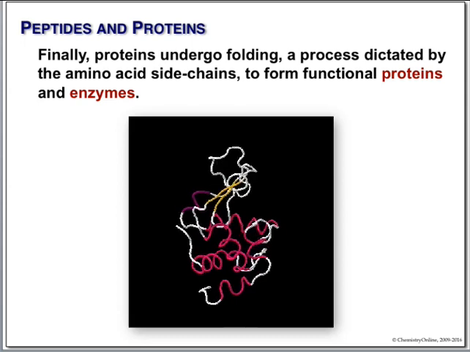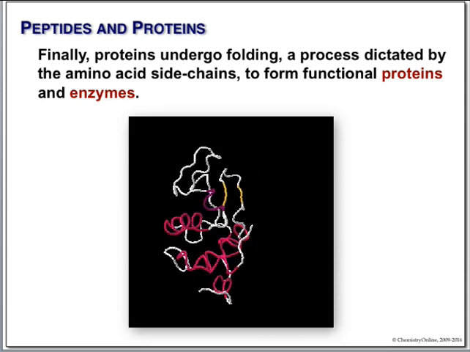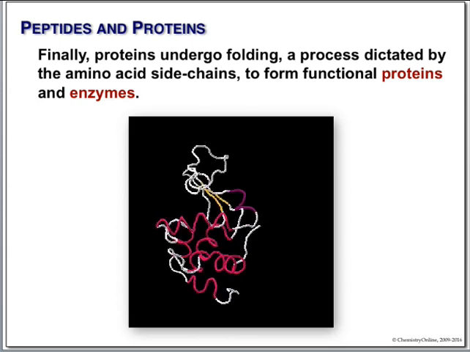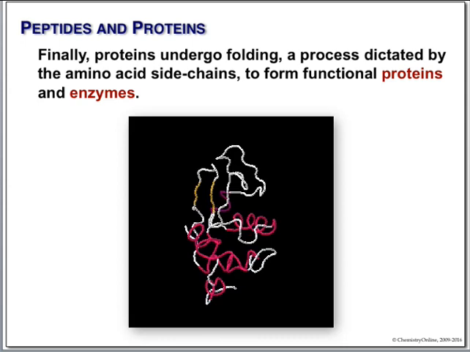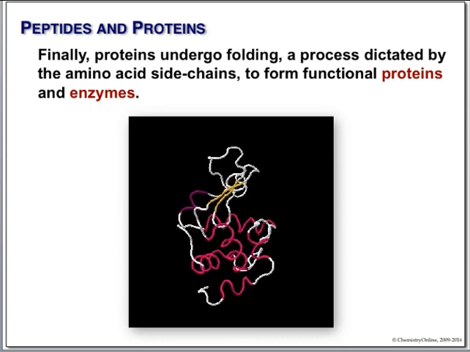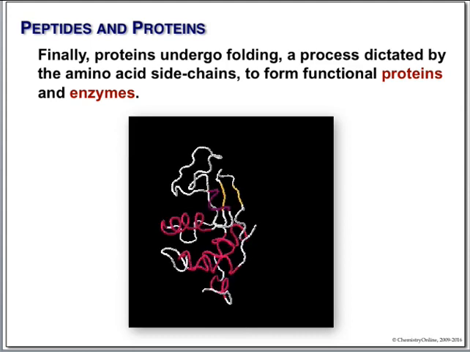Depending upon the actual amino acids, see these little helices that can form? These are called alpha helix. The yellow up here is called a beta sheet. And here we just have the rest of the protein sequence going around.